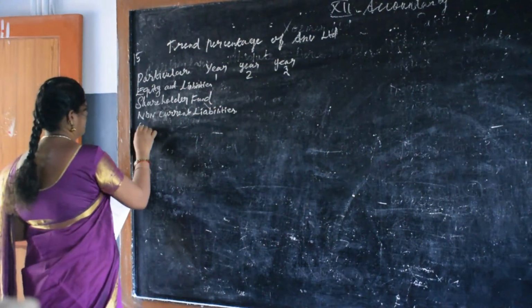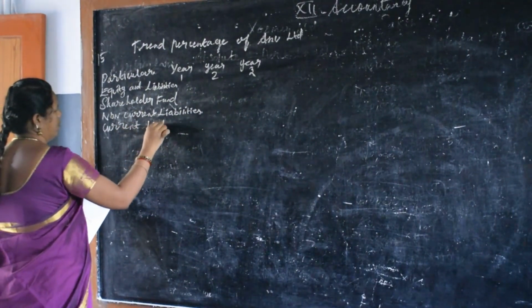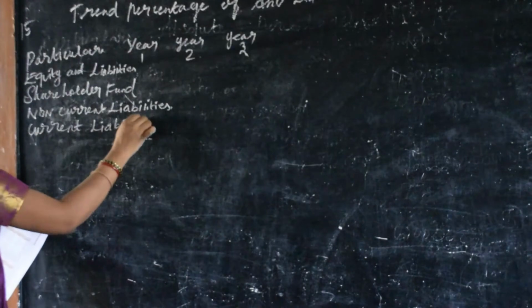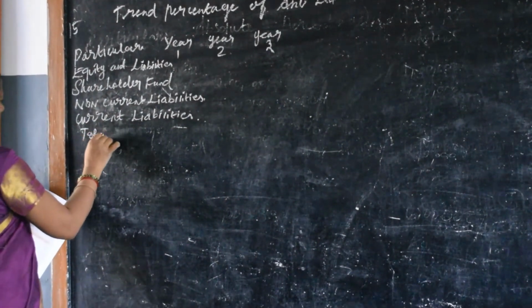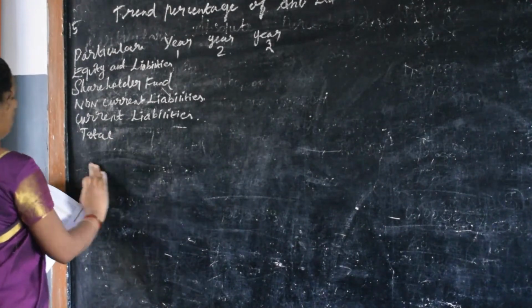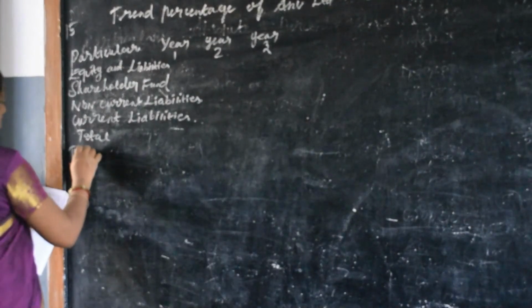Current liabilities. Total. Okay, first we will finish the equity and the liabilities. Next one is assets.